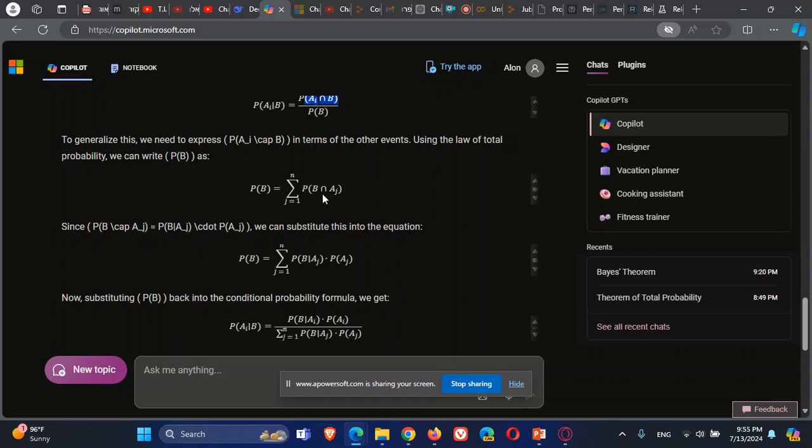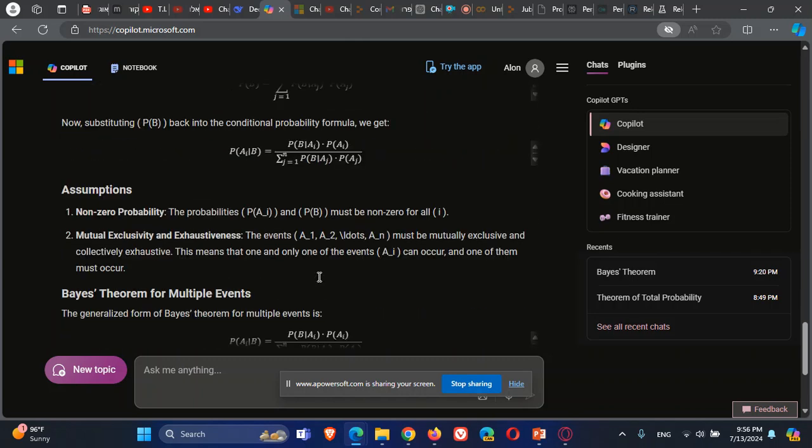Therefore, we defined how the probability of B is, and we put it here. And we defined how the probability of the intersection of A_i with B is, so we put it here. And this is the general form of the Bayes theorem.